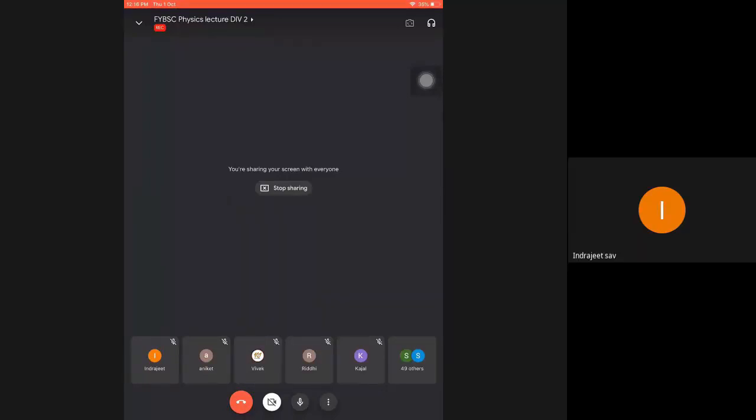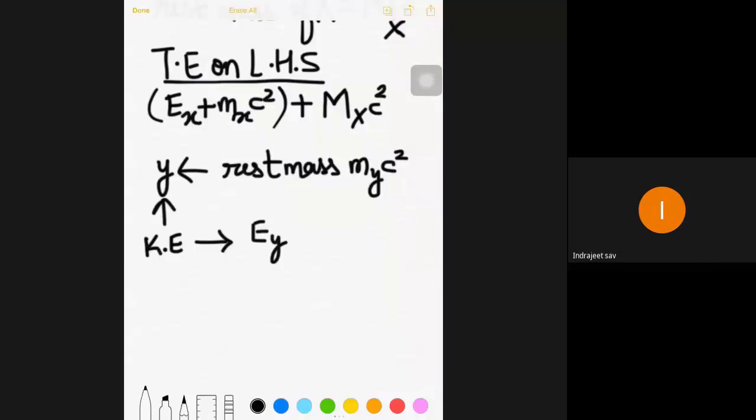So kinetic Y is the ejectile. The ejectile has a rest mass of m small y c square, and the kinetic energy is E small y. Similarly, I have the residual nucleus. Now this residual nucleus is not found at rest, it is found to be moving, so it has some kinetic energy.